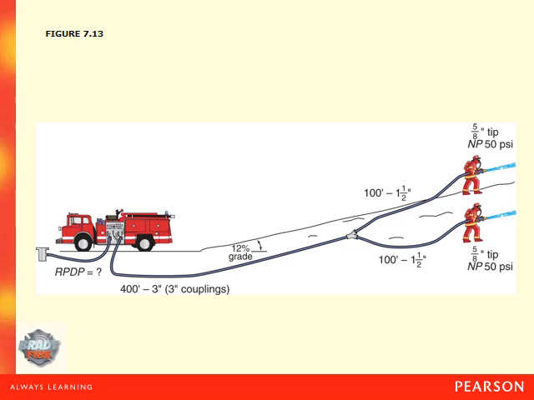And then at the end of the day, we're going to have to figure out what our head pressure is going to be, because now we have a 12% grade of loss over 100 feet.